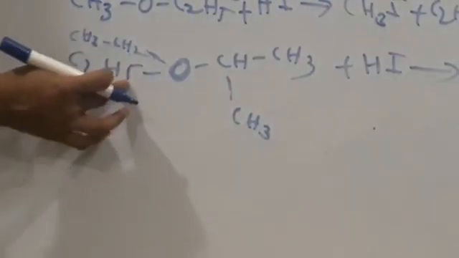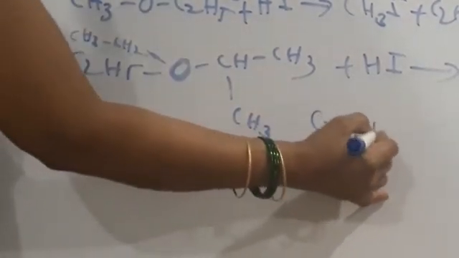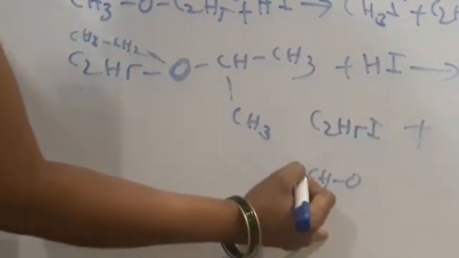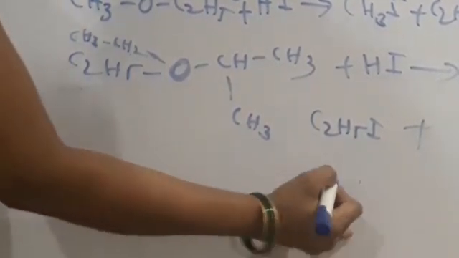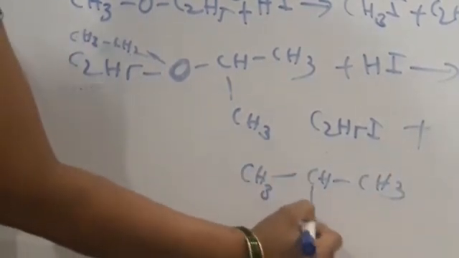That's why the iodide ion attacks at C2H5. So we get C2H5I, ethyl iodide, along with the secondary alcohol, 2-propanol.